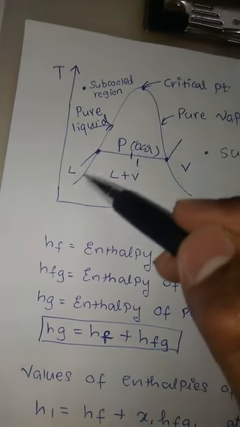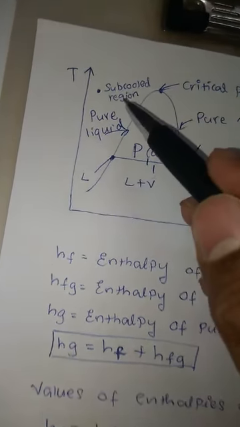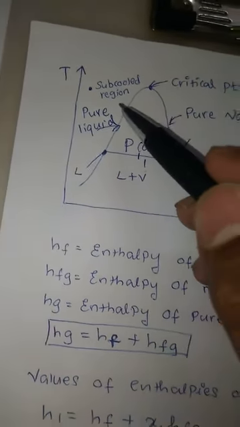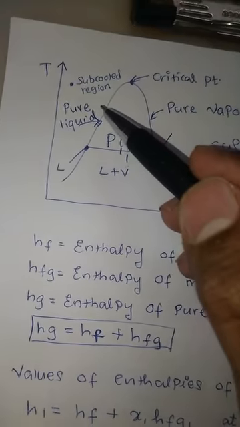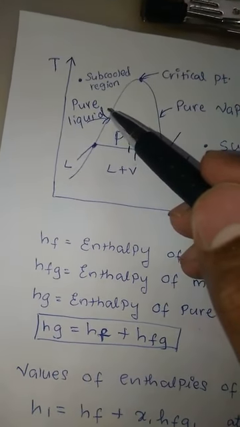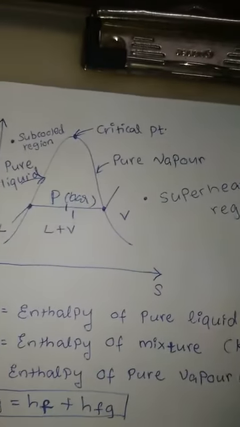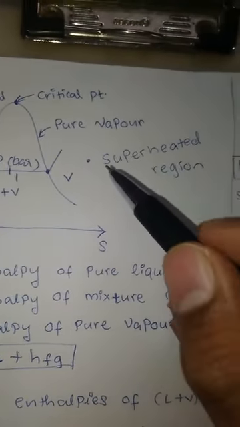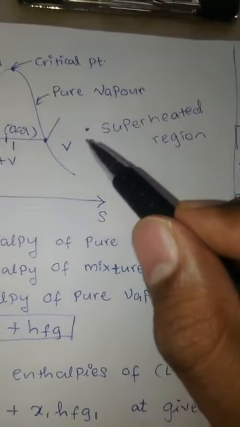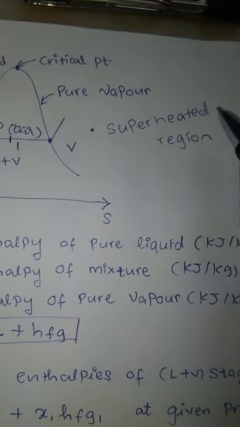The region beyond the pure liquid line is called the subcooled region, where the temperature is less than the saturation temperature of the pure liquid, and the region beyond this curve is called the region of the pure vapor, where the temperature is more than the saturation temperature of the pure vapor. Let us try to understand how to find the specific enthalpy and entropy of the superheat region.